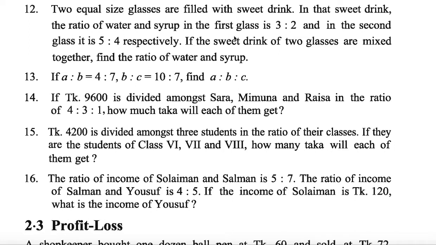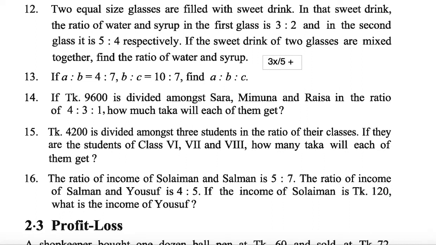Okay, we will solve it like this. If x is the total quantity of the drink in both the glasses, then water in the first glass will be 3x by 5.